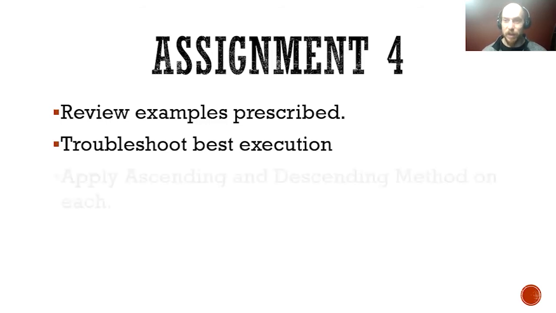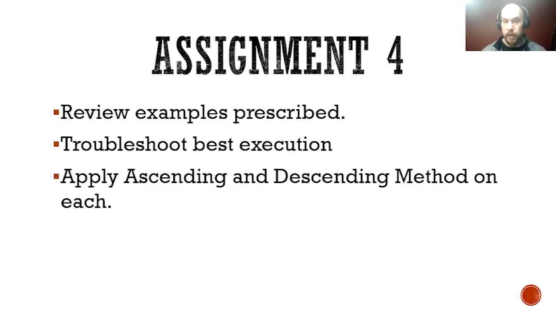Find the position that works best for you, and then apply the ascending and descending method on each. If you're unable to get in a position where you can do the overcoming iso correctly, then we can think of other ways to apply the static and the pulse together, at least, because the overcoming iso does require you to get into the greatest end range of motion in a particular position to feel that. But I don't think any of you will have much trouble with that.